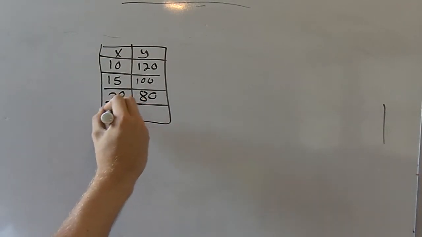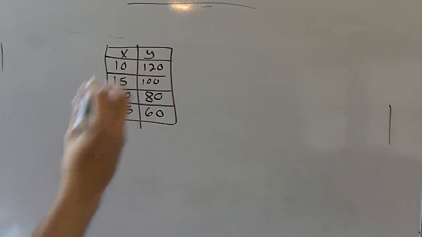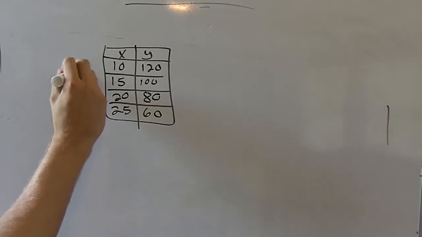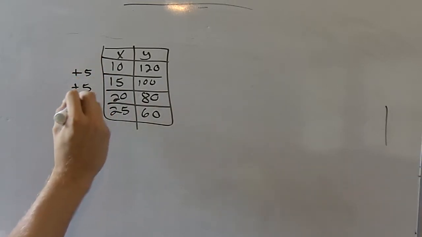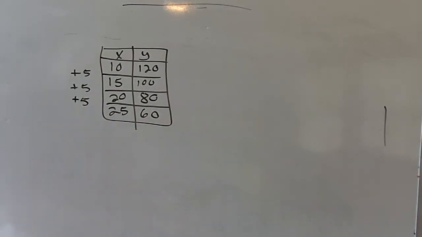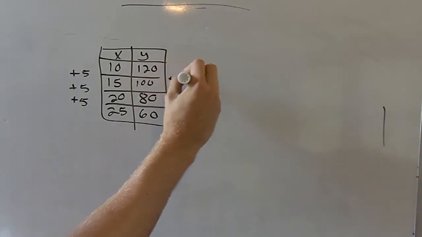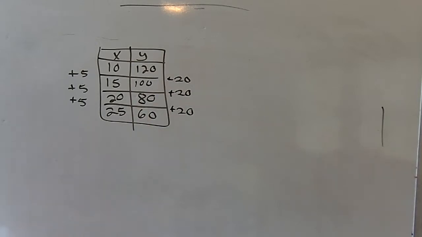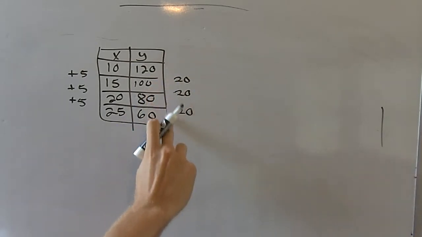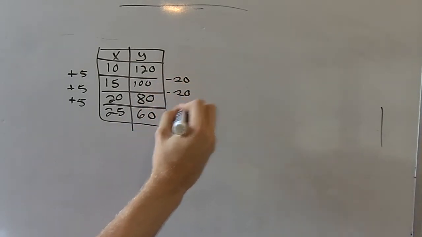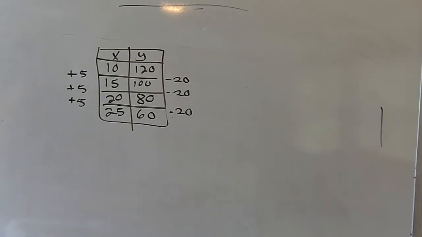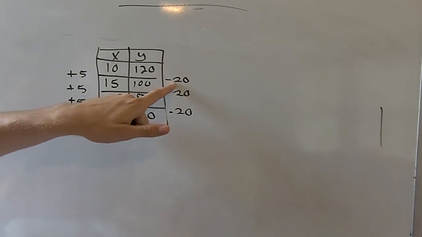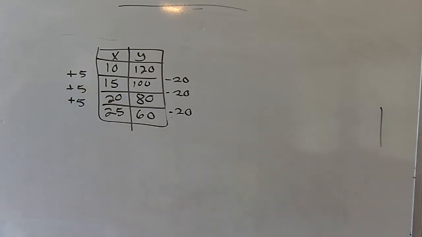And we have 25 and 60. If you take a look at x, x is plus 5, plus 5, plus 5. y is plus 20, plus 20, plus 20. Or minus 20, I should be saying. Minus 20, minus 20, minus 20. So there's a constant rate of change here where y is decreasing by 20 and x is increasing by 5.